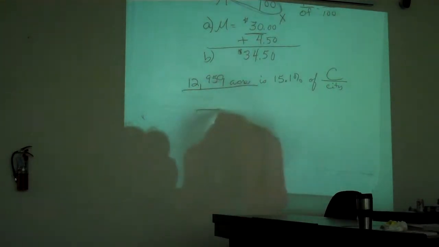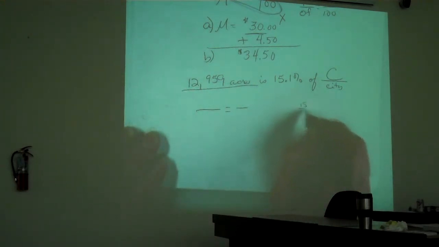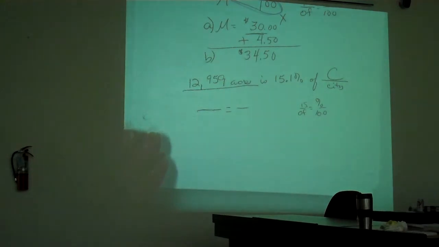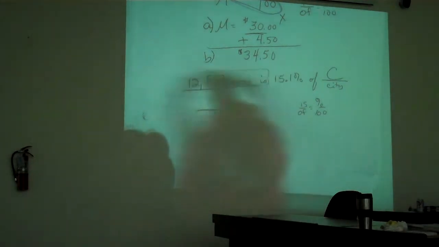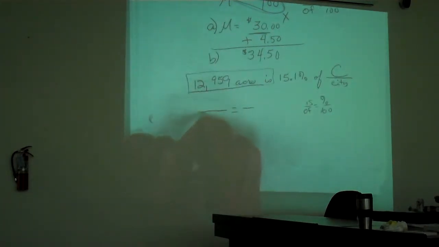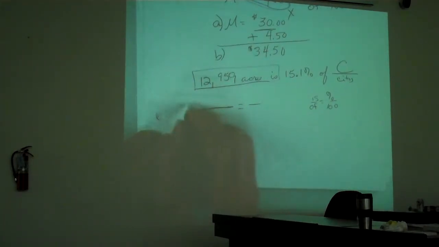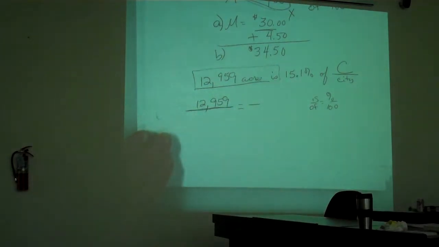So do your is over of equals percent over 100. What is your is here? This long number, right? So let's make this line a little longer. 12,959 is your is. What is your of?